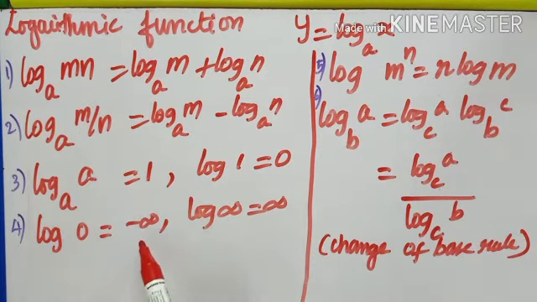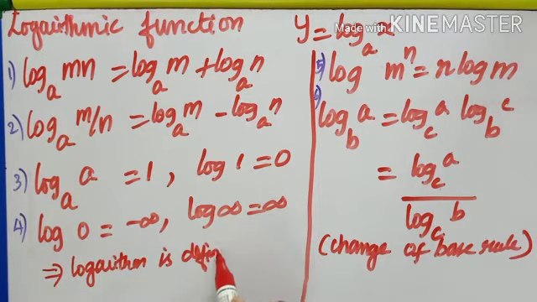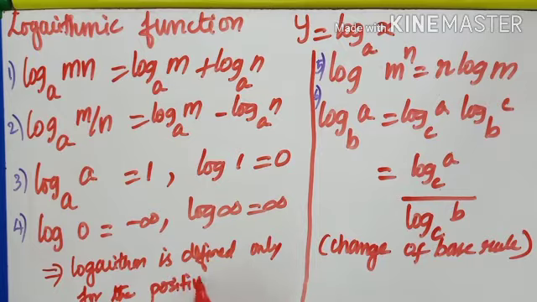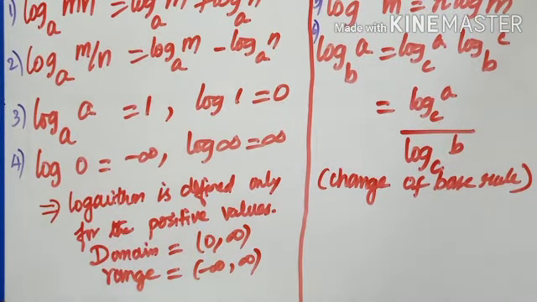Log 0 is minus infinity and log infinity equals infinity, which implies logarithm is defined only for the positive values. A very important property to remember, which tells me the domain is 0 to infinity and the range is minus infinity to infinity. A very important property to remember in logarithm.